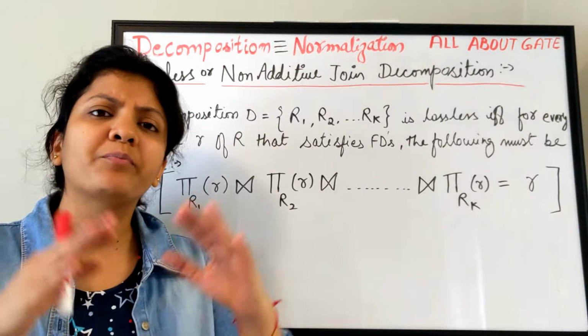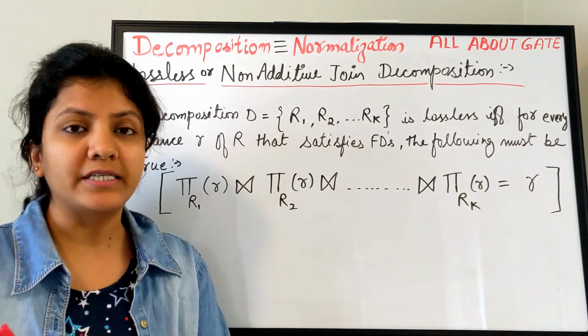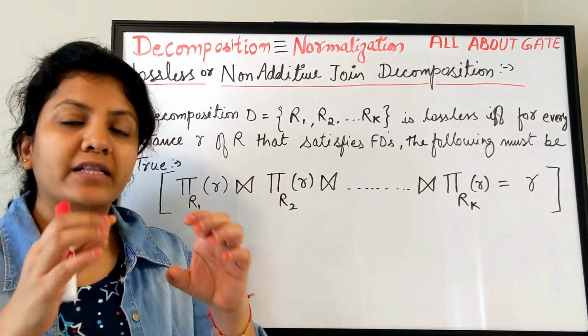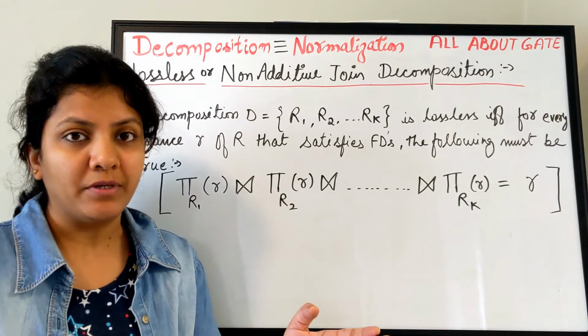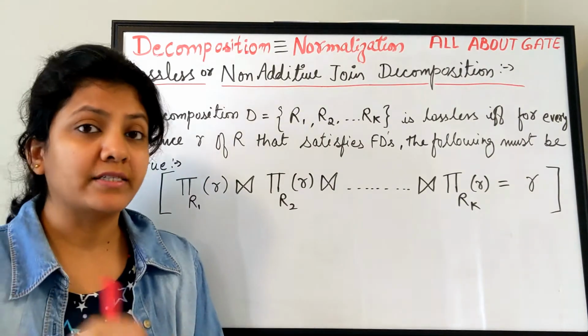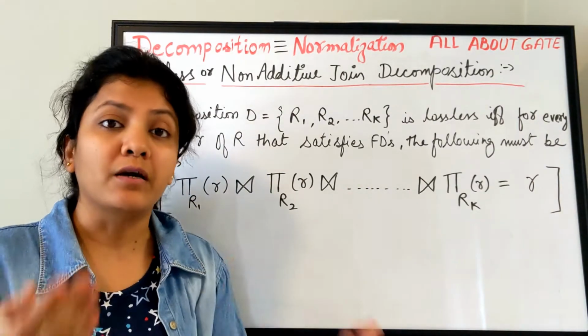Assume we have a bigger relation R which has a certain set of functional dependencies FD, and that bigger relation R has been decomposed into multiple tables. Because we are understanding the property, we assume the bigger table has already been decomposed.